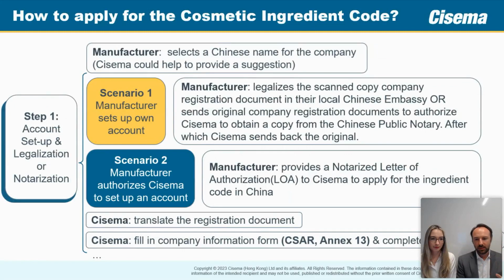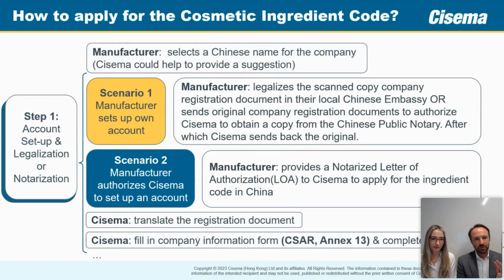The next step is either scenario 1 or scenario 2, which we put in yellow and blue. The manufacturer provides their company registration documents, which need to be legalized with the support of the local Chinese embassy in the company's home country, or the original registration documents for notarization by a Chinese public notary.